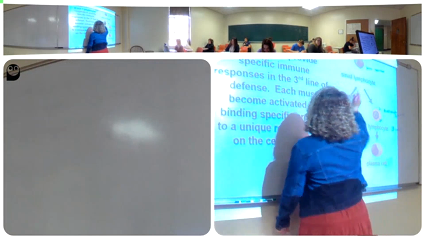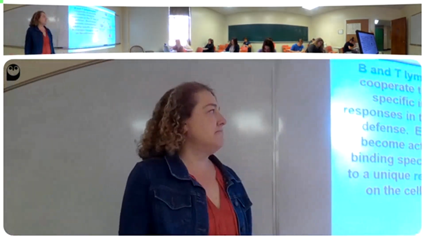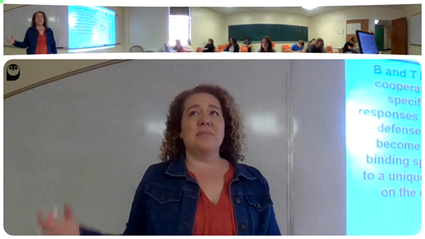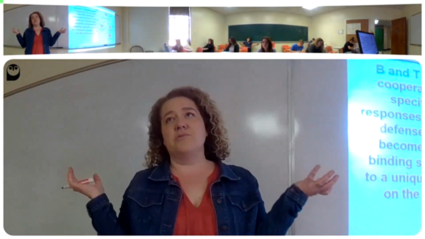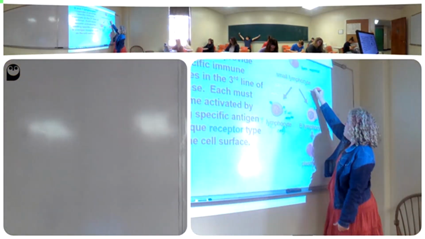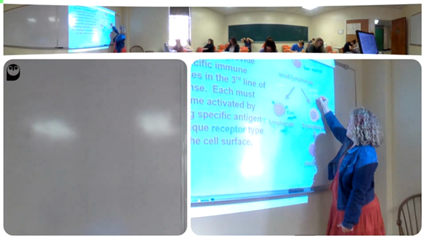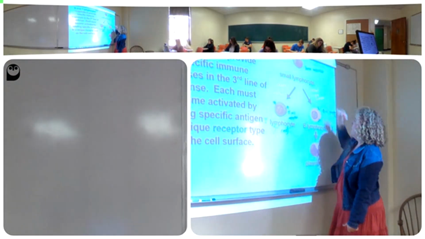So if you're a T cell, you mature in the thymus after you leave the bone marrow. And what happens during that process is you get your special receptor set. If you're a B cell, you mature in the bone marrow.